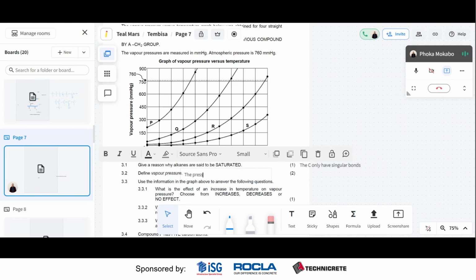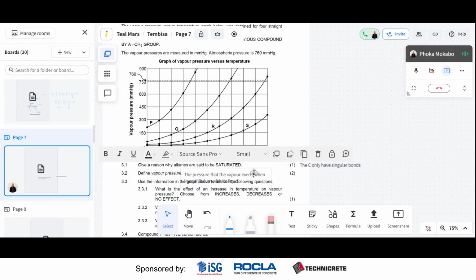The pressure, sorry, that the vapor exerts when in equilibrium with its liquid in a closed container.